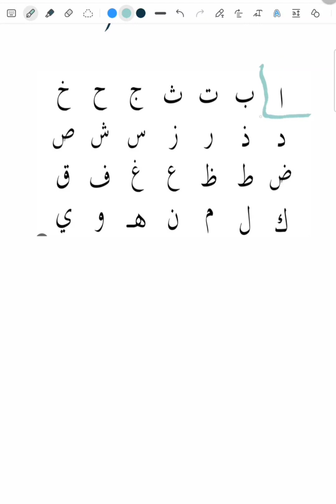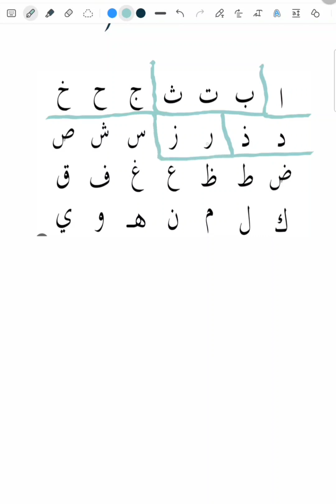So the first letter, alif. And then you have a grouping because they look alike. It's easy to practice the letters that look alike. Ba, ta, tha. And you have jim, ha, kha. Then you have dal, thal.